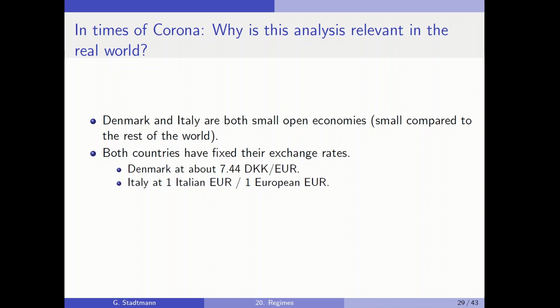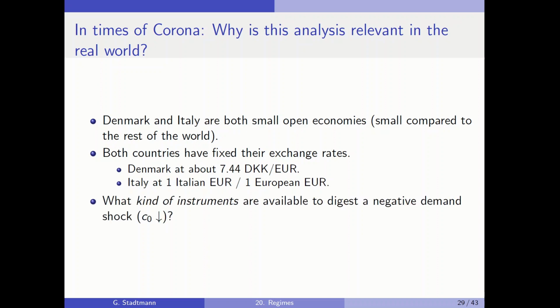Let's assume and interpret that the corona shock is a negative demand shock, and let's assume that the autonomous component of consumption decreases so that the IS curve shifts to the left. What kind of instruments can be used by Denmark and what kind of instruments can be used by Italy to digest the shock? So Denmark still has a nominal exchange rate as an instrument.